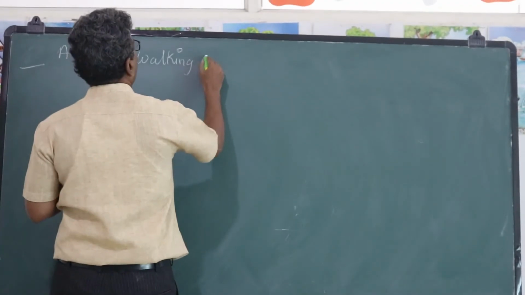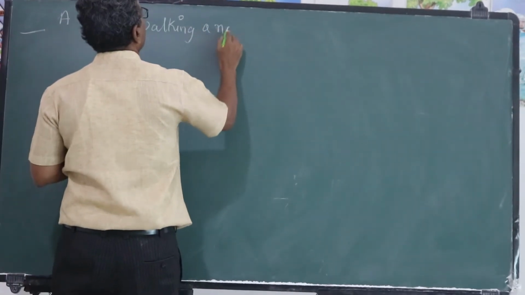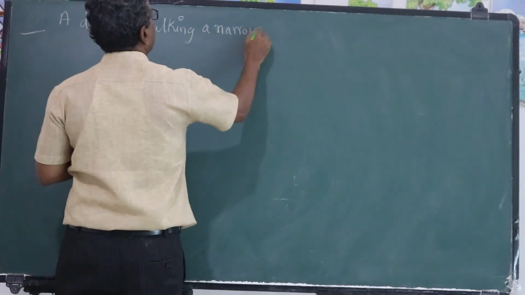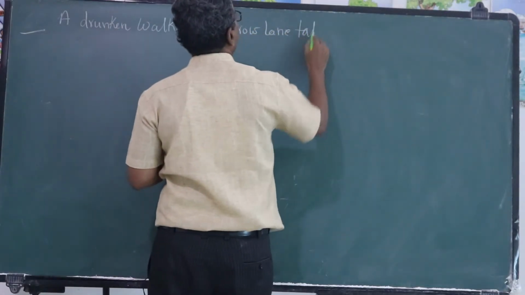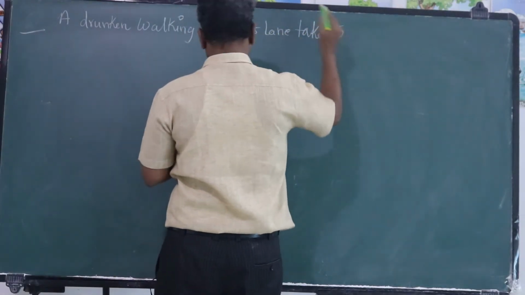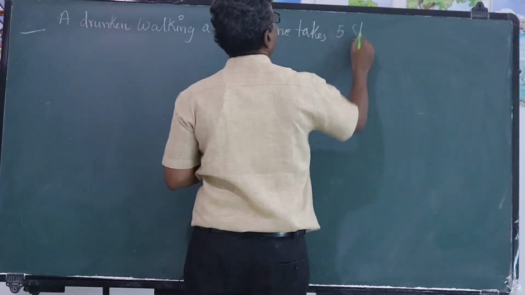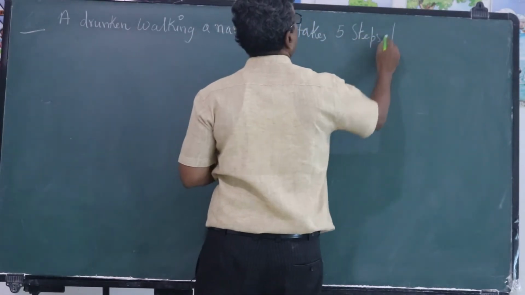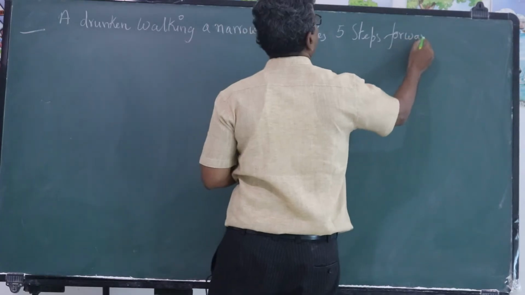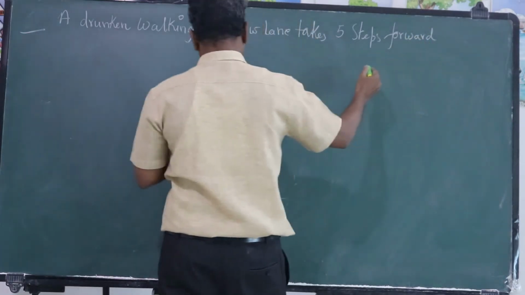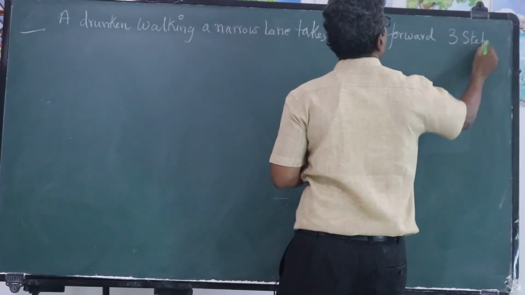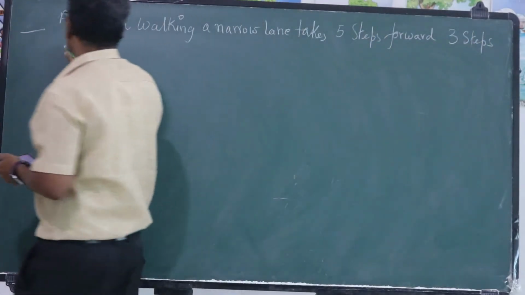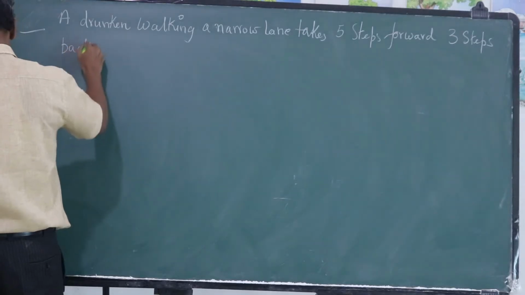A drunkard walking in a narrow lane takes 5 steps forward, 3 steps back, then again 5 steps forward, 3 steps back, and so on.